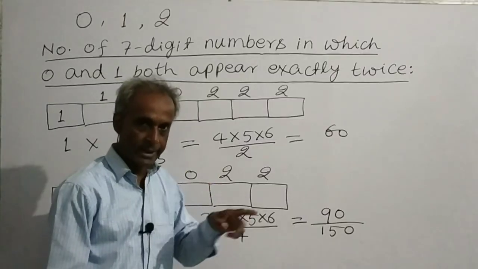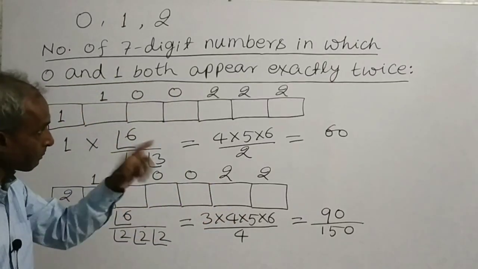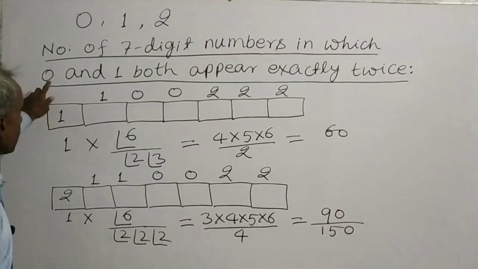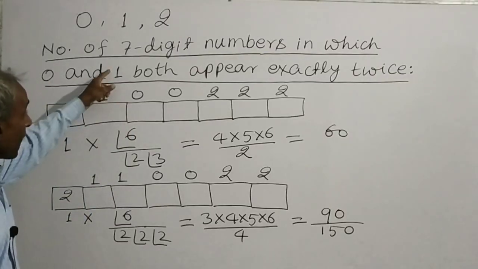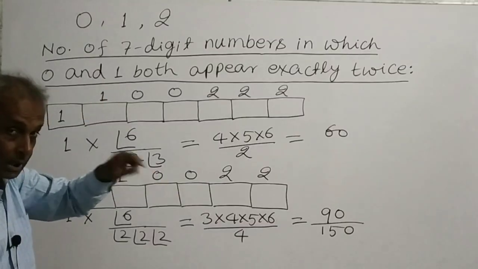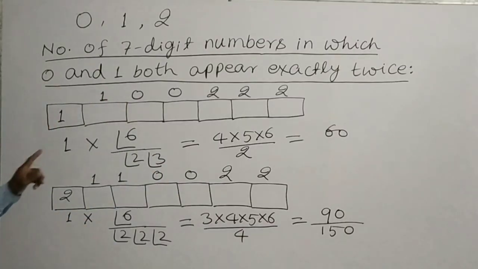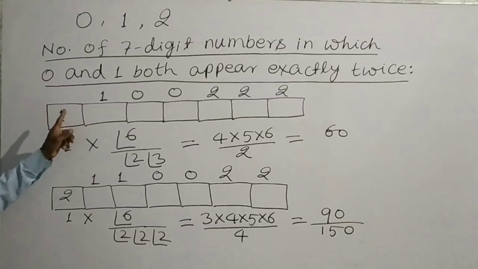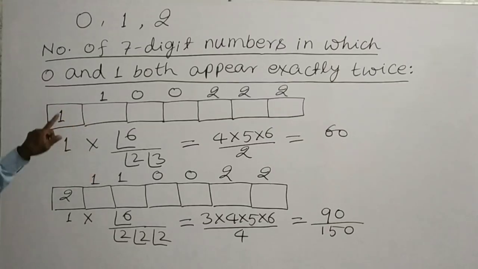Now we will find the number of such 7-digit numbers in which 0 appears exactly twice and 1 also appears exactly twice. If we fill the first place by 1, then the number of ways to fill this place will be 1.